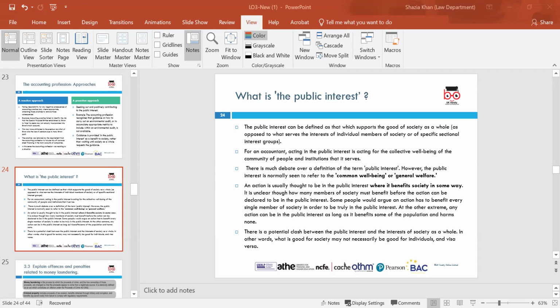The accountancy profession has to act in the public interest by developing standards and behaviours, monitoring and enforcing them. It has to follow the ethics as well as the public interest, looking at how they will follow the codes of ethics and the well-being or general welfare of the public interest.